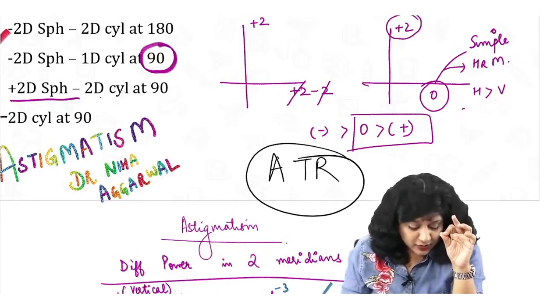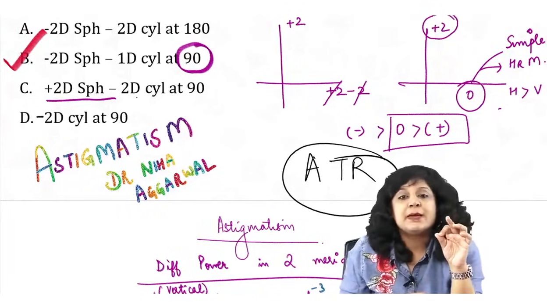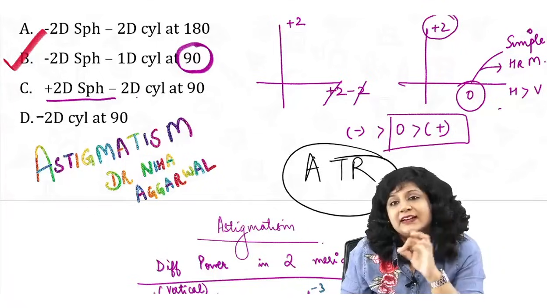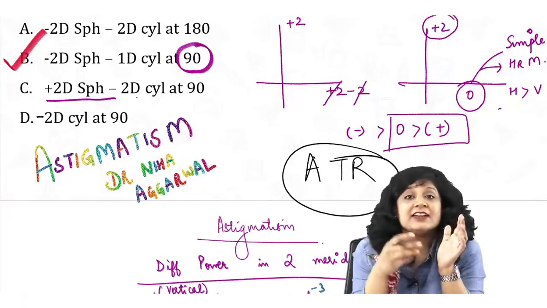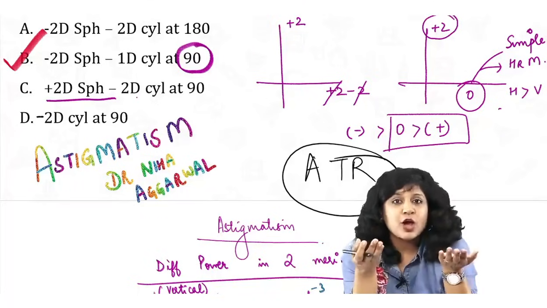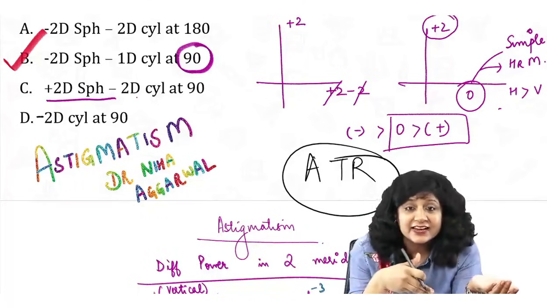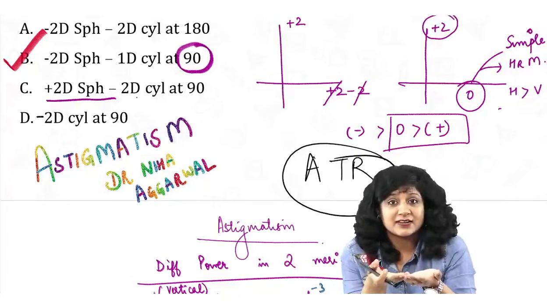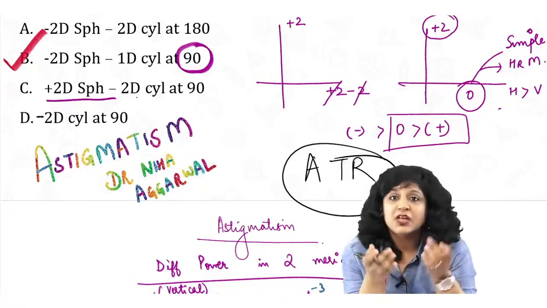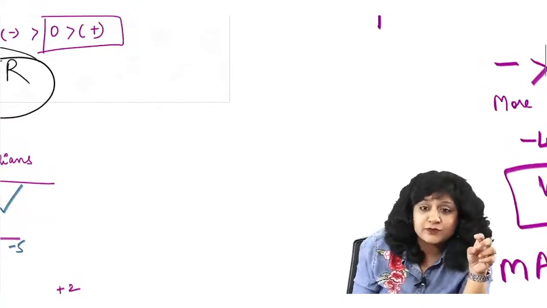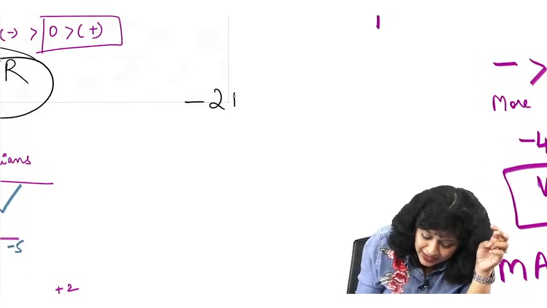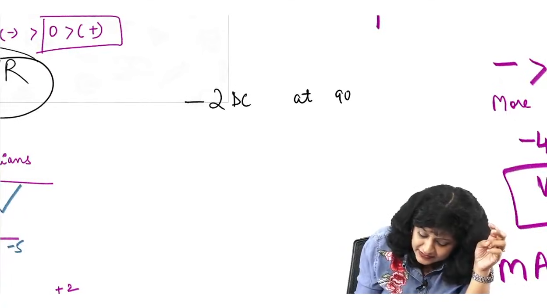Alright. Now coming to option D, -2 diopter cylinder at 90. Is it astigmatism? You people must have started calculating, but use your common sense. This is a cylindrical correction, so obviously this has to be astigmatism. They are giving a cylindrical correction only in one plane. So how to solve this? They are saying that we have a -2 diopter cylinder at 90 degree.